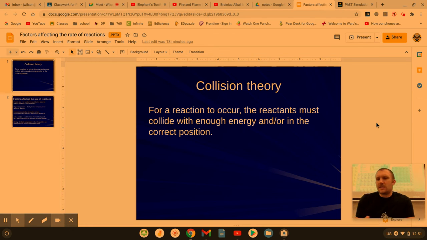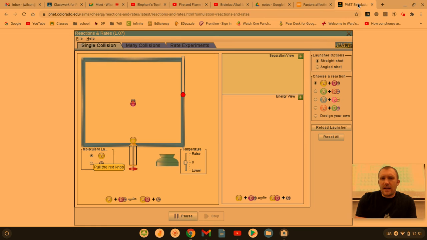And we can use kinetic molecular theory and collision theory together to try to increase the likelihood of this happening. So that's what we're focusing on today. Let me give you an example. I did this simulator in class, but I just want to do it in notes too to make this sink in a little bit more.